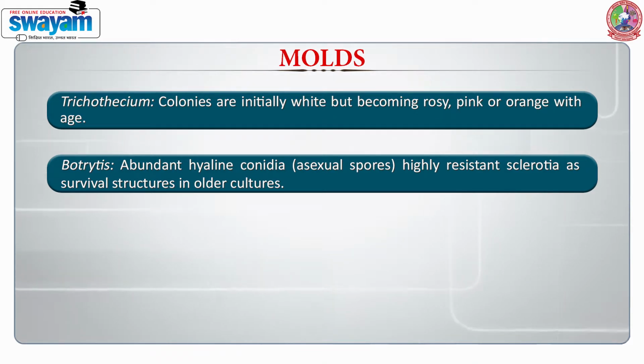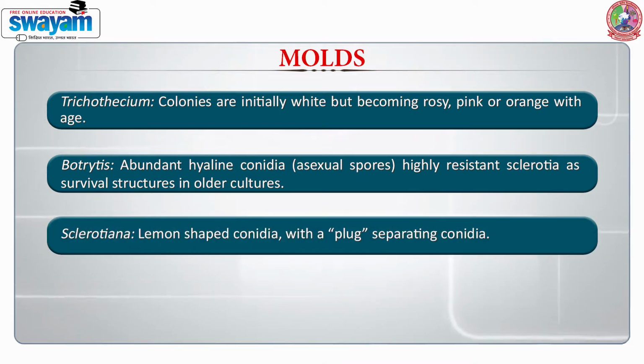They also produce highly resistant sclerotia which are able to survive over a period of time. Sclerotinia is another fungus responsible for the spoilage. The important identifying feature of this fungus is lemon shaped conidia with a plug separating the conidia.